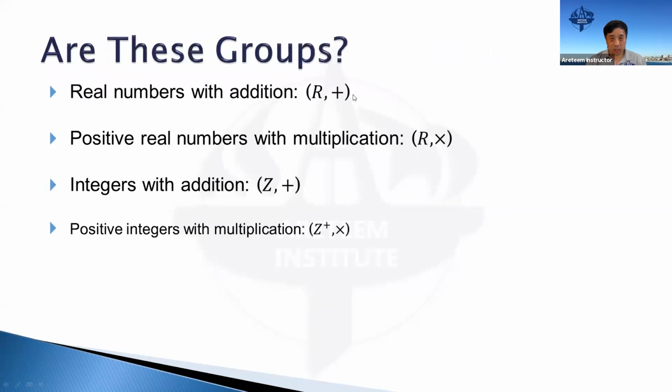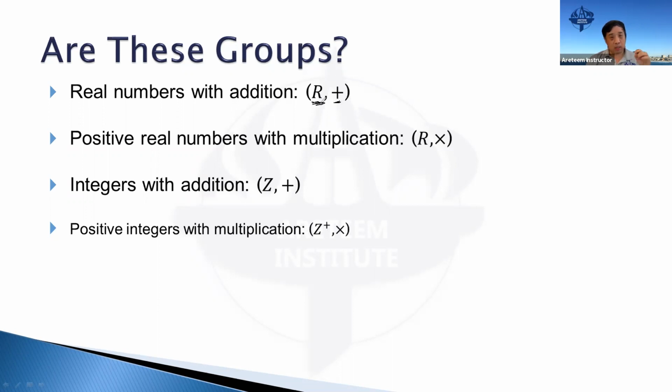So now, the question: based on the definition, are these groups? First of all, the 4 conditions. Is it closed? R is the real numbers with a plus operation. Are the real numbers closed under addition? Yes.